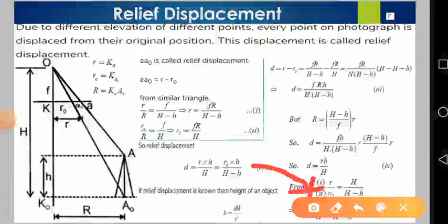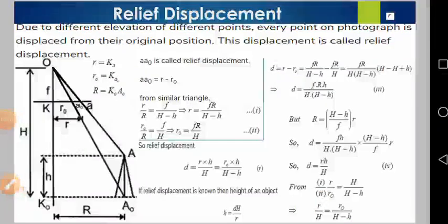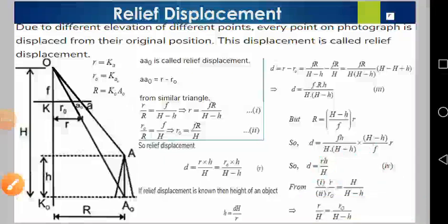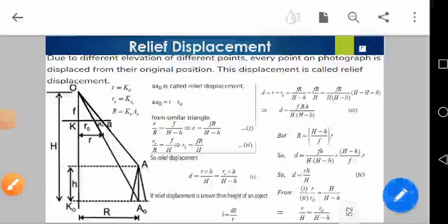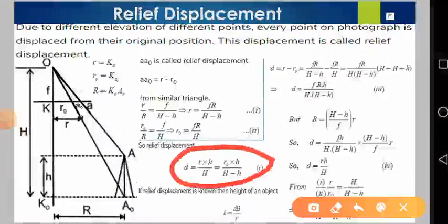So we get equation number 5. We only have to substitute the R by H value from the last equation into this particular expression, and then we obtain equation number 5.